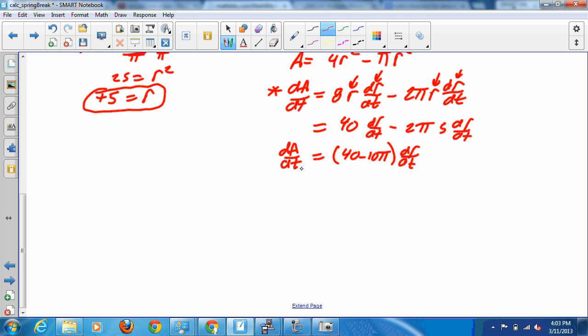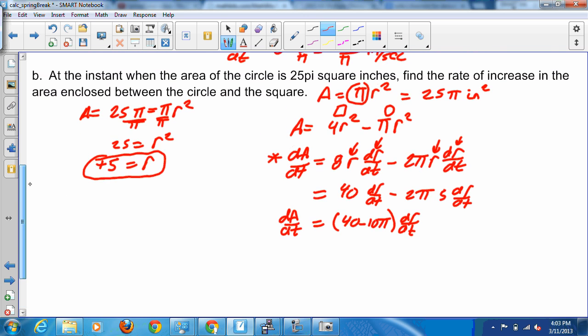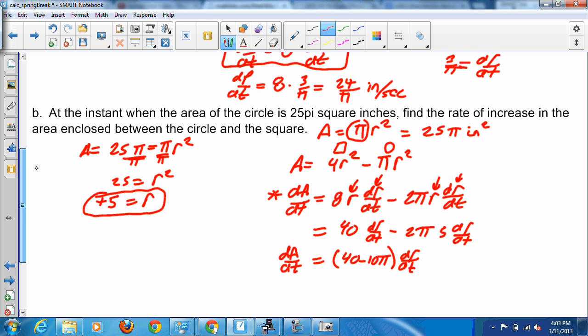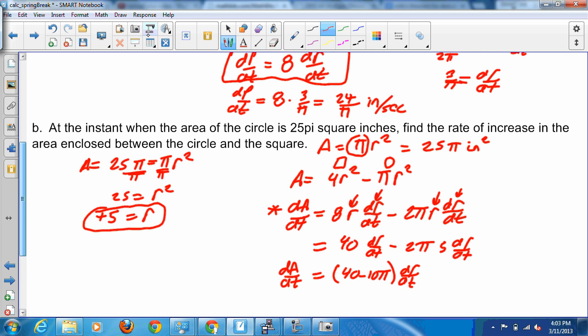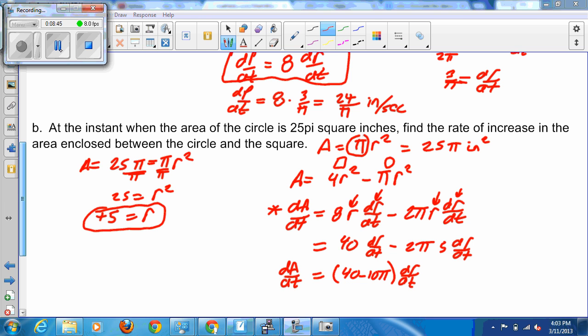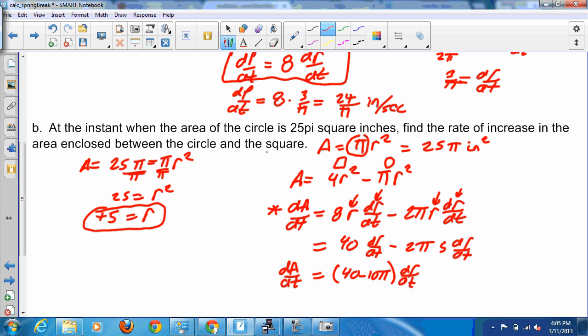Okay. And how are we going to fix the dr/dt? Okay.